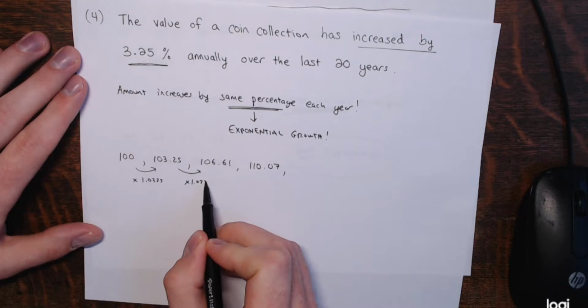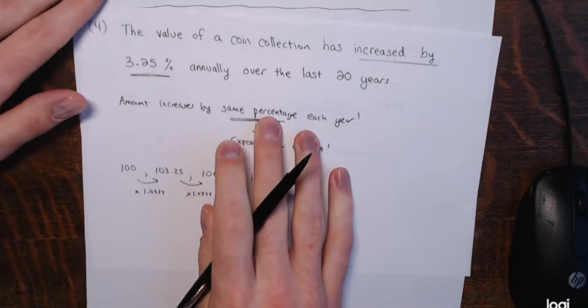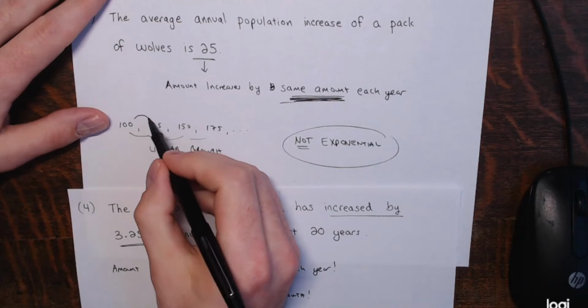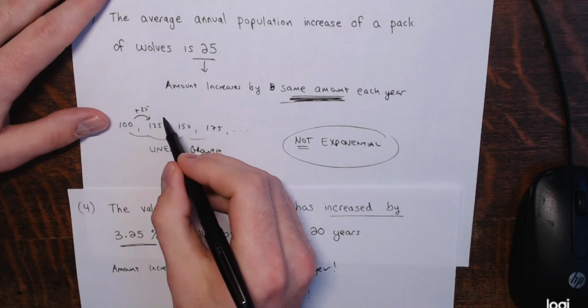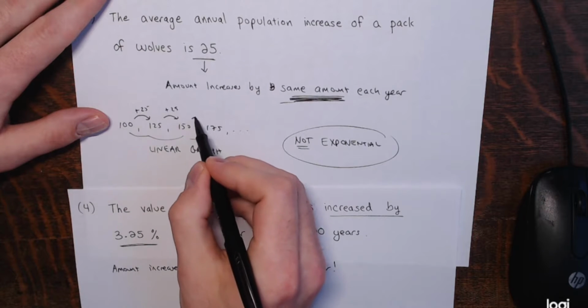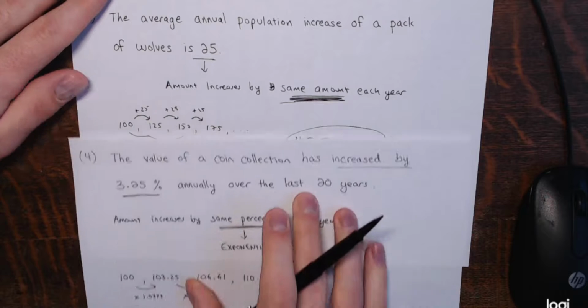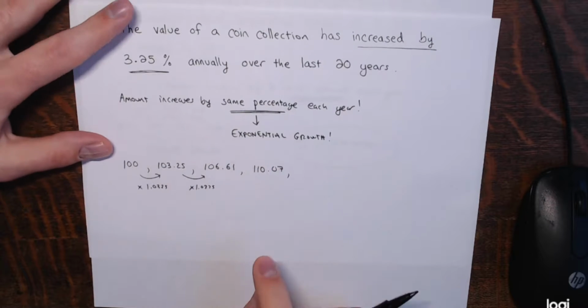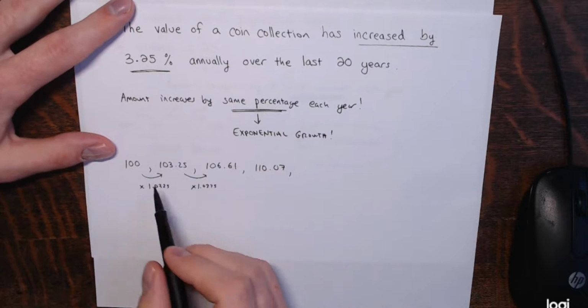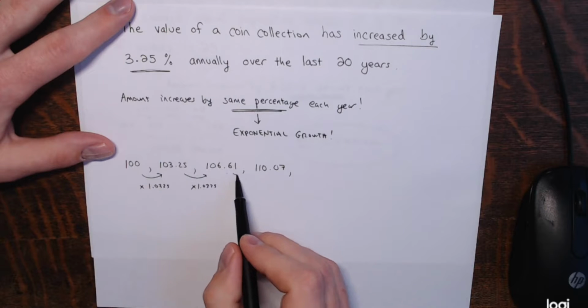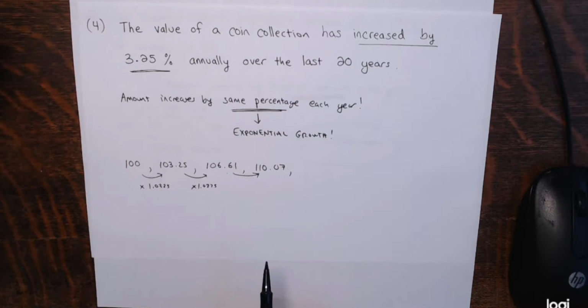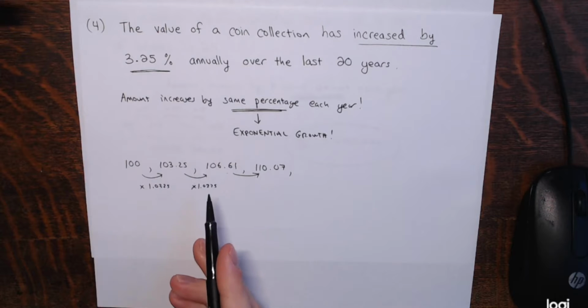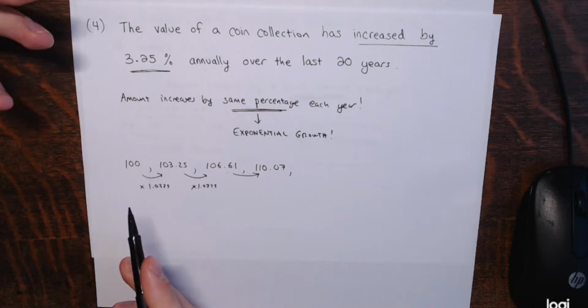So really what's happening in linear growth, you're adding the same amount every time, right? Plus 25, plus 25, plus 25. In exponential growth or exponential functions, you're multiplying by the same value from one year to the next. Or every time you increase the input by 1, you multiply by the same number.